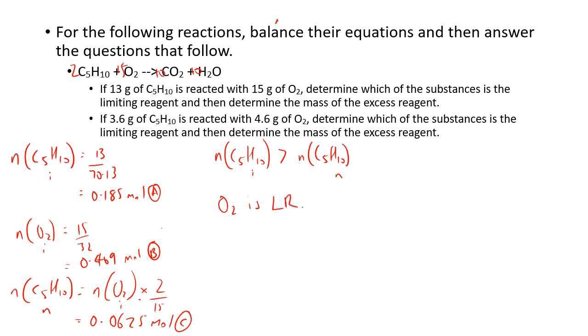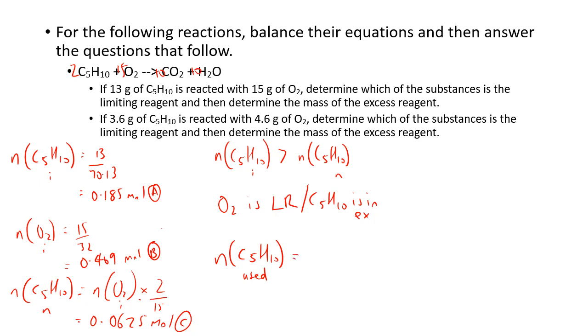Now we know the O2 is the limiting reagent, so we know that the C5H10 is in excess. If we know that that one is in excess, let's work out how much there is in excess. We have to work out the number of moles of C5H10 that was used by the O2, the limiting reagent.